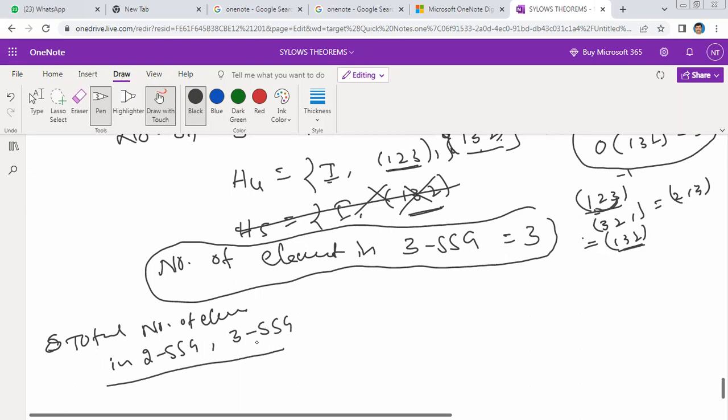Order of S3. How many elements are there in the Sylow 2 subgroups?